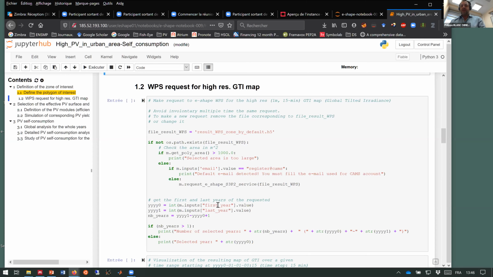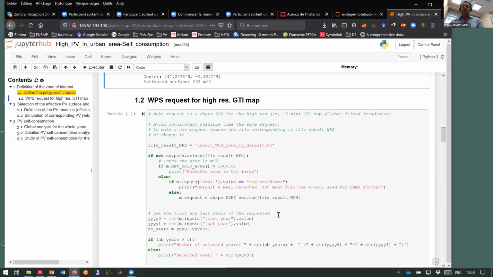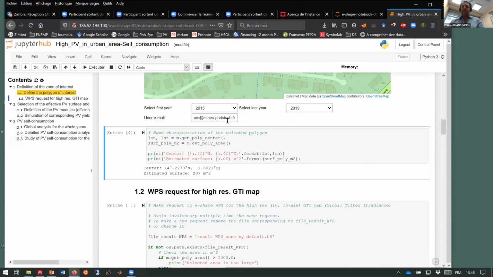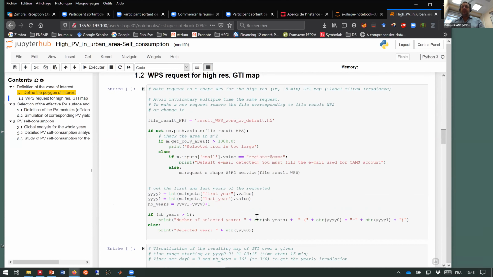Okay. So there is a mechanism here to prevent you from running with a large polygon, and also if you didn't set your username properly, otherwise you get an error afterwards.